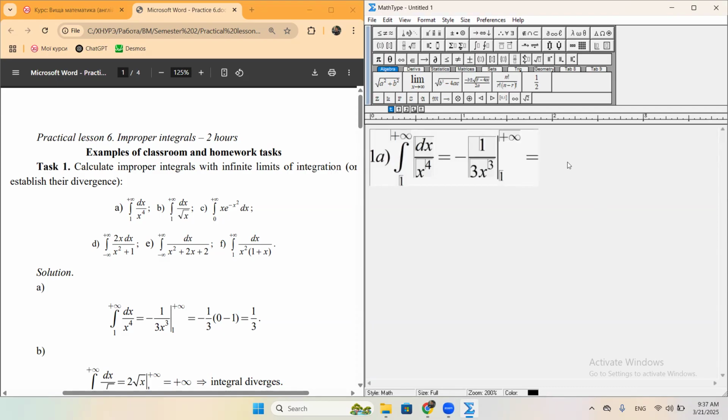Now we substitute: minus 1 over infinity, minus 1 over 3 here. So 1 over infinity is 0, and 1 over 1 is 1. So the result is 1 over 3. Any questions about this exercise? No. Okay, let's move next.